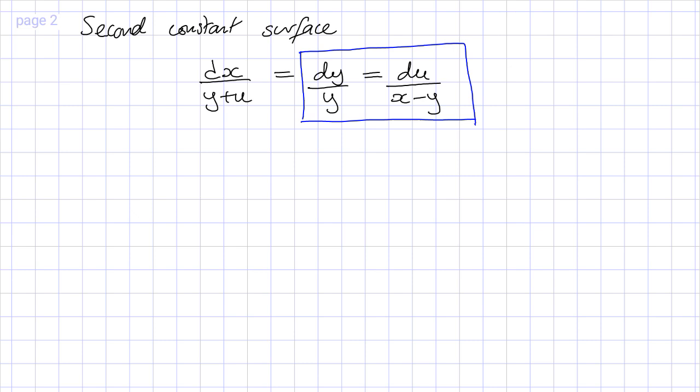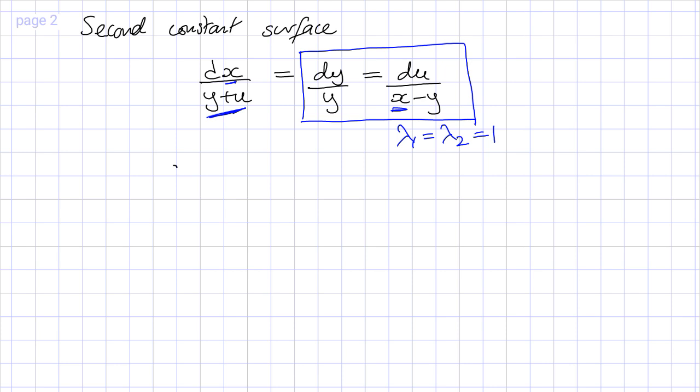So you can see if I just take dy plus du, that's the differential of y plus u, which I've got on the left hand side. And if I add the two denominators together, I get y plus x minus y, so the y's cancel, which just leaves me with this x, and that x will match up with this x over here. So in other words, I can do my dividendo, componendo with lambda 1 equals lambda 2 equals 1.